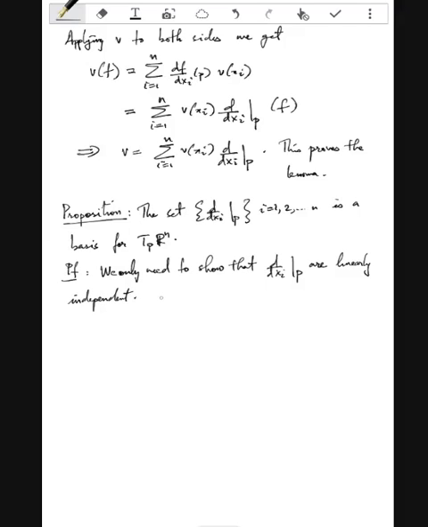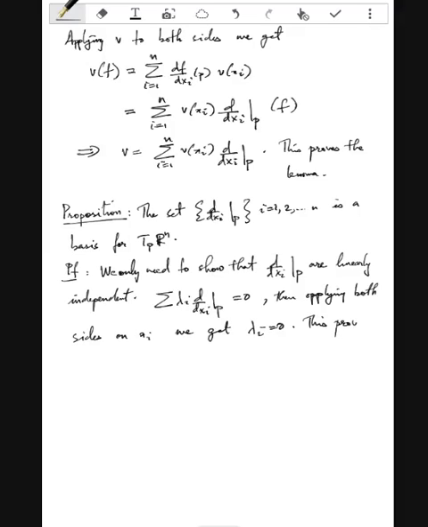So suppose there is a relation summation lambda i d by dxi at p is equal to 0, then applying both sides on xi, we get lambda i equals 0. So this proves the proposition. So thus, TpRn is an n-dimensional vector space.